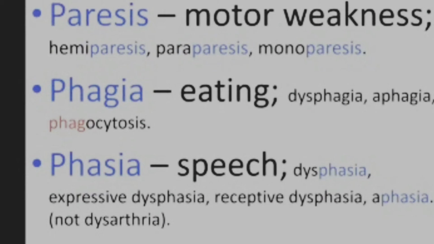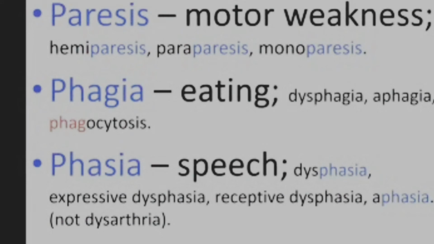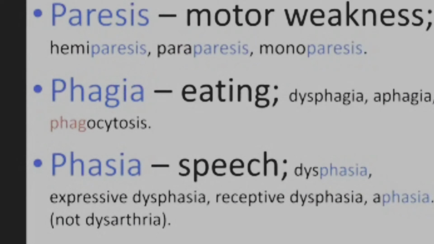That means you have a problem with the motor neurons of the body, which give you kinesthetic and motor function. Hemiparesis, paraparesis, monoparesis. Phagia, eating, and dysphagia is the eating disorder. Aphasia and phagocytosis. We have phagia and we have phasia.